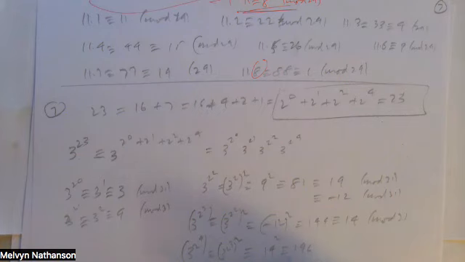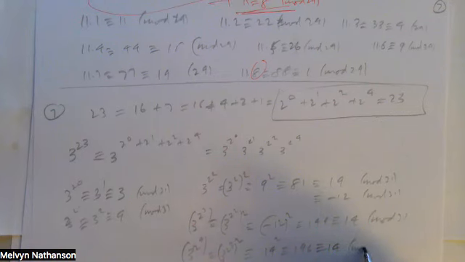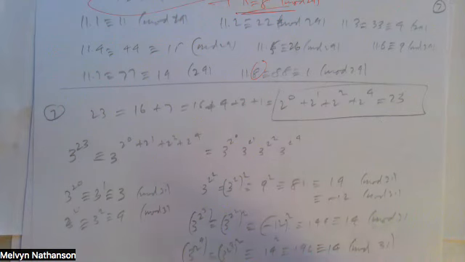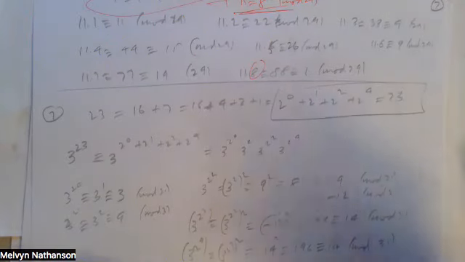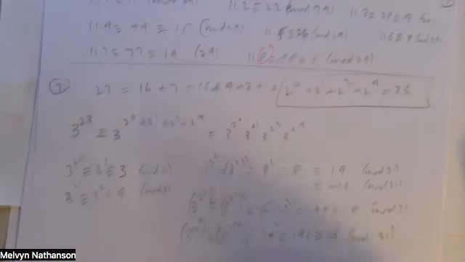Let's see. 169, or 27. But it's congruent to 14 mod... Oh, sorry, mod 31. I did the calculation. I was looking at 13. 196 mod 31. 31 times 6 is 186. So this is 10.